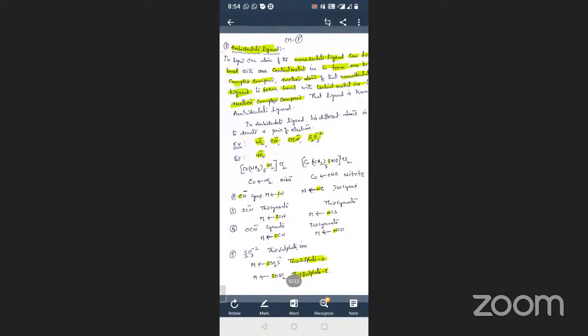When nitrogen is directly linked with cobalt, it is known as nitro. The nitro molecule is the more stable one. When oxygen is linked with cobalt, that is nitrito, and this molecule is unstable. So it may be the same ligand, but based on the nature of bonding of the atom in the monodentate ligand, we call this one nitro and this one nitrito. The same monodentate ligand forms two types of bonds.